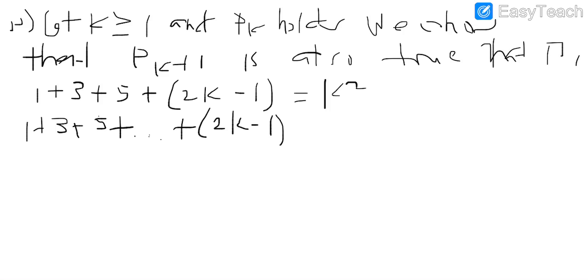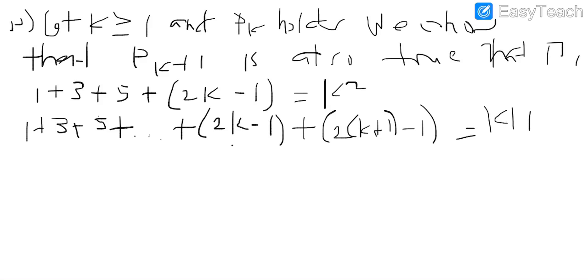Now, we wanted to show that p sub k plus 1 is also true. So we add the term for k plus 1. The last term of your sequence on the left side, you add, but k becomes k plus 1. Okay? From here, copy the 2, and then k becomes k plus 1, times k plus 1 minus 1 equals, what's next? k plus 1 squared, right?